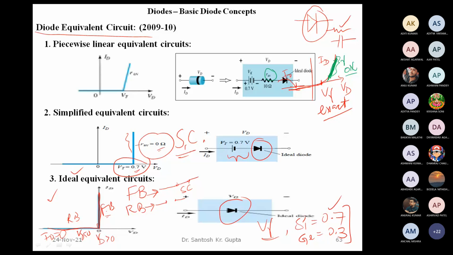In the piecewise linear equivalent model, we assume that the diode is not like a short circuit, but gives a finite resistance in the on condition also. So we have this resistance along with the potential barrier and the ideal diode. This is the most practical circuit for the analysis of a diode circuit.